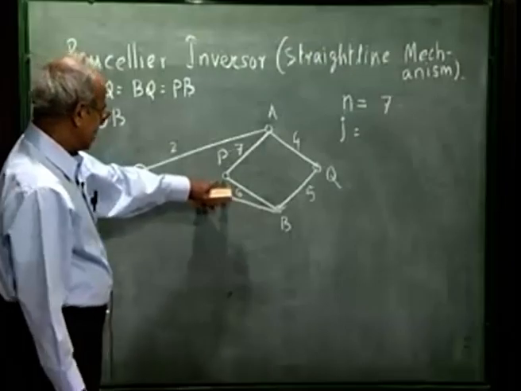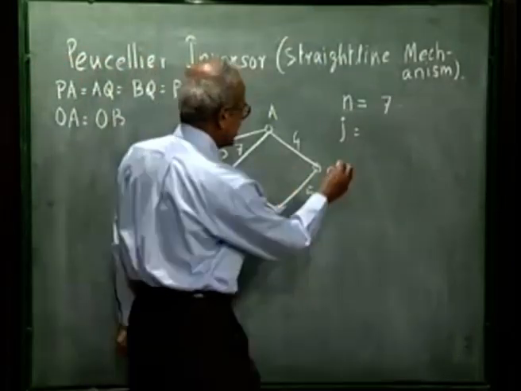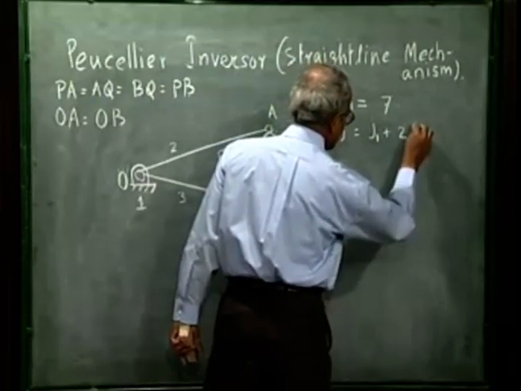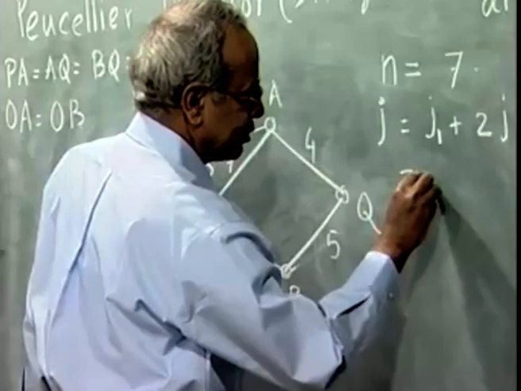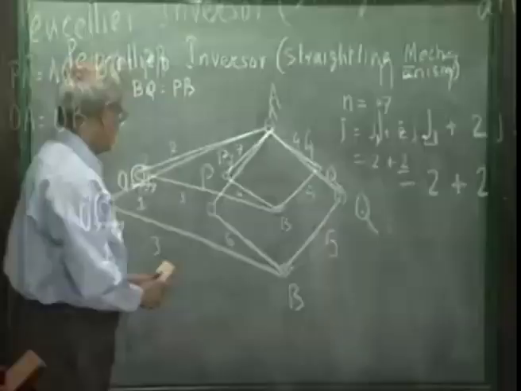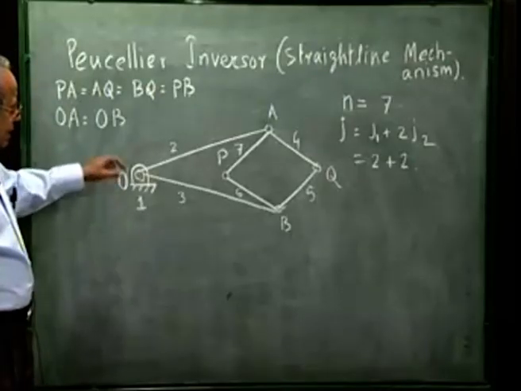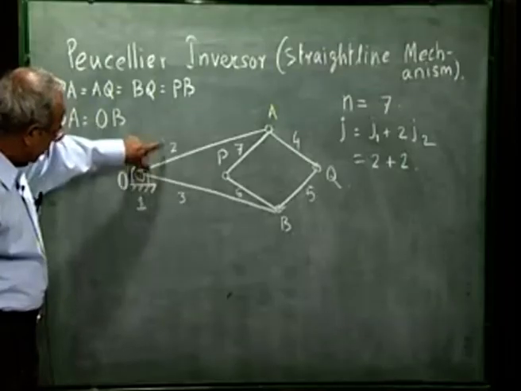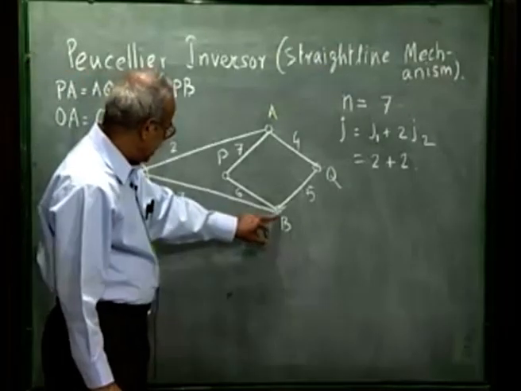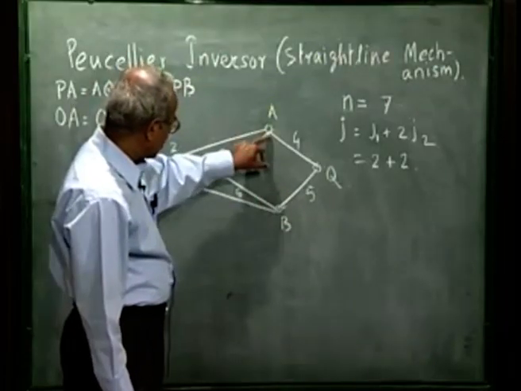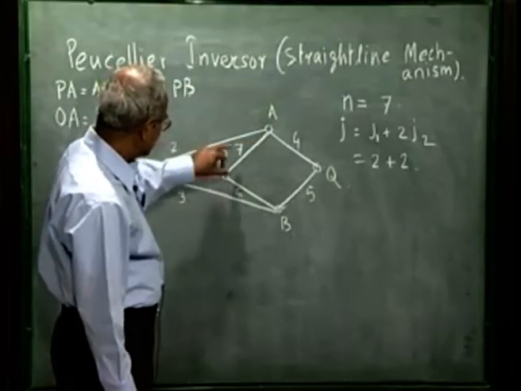There are 2 simple hinges at P and Q, so J1 is 2, plus 2 times J2. There are second order hinges at O because it is connecting 3 links, namely 1, 2 and 3, and 1 at B because it is connecting link number 3, 5 and 6, and 1 at O connecting link number 2, 7 and 4.